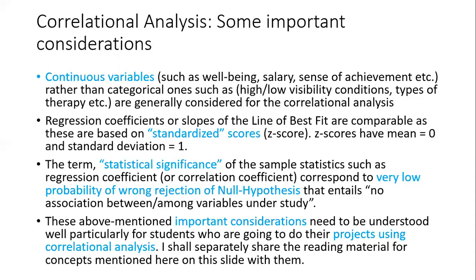So for example, if you've got, let us say, less than 0.05 or less than 0.01 probability of wrong rejection of null hypothesis, we say that we have rejected null hypothesis at 0.01 or 0.05 significance level.